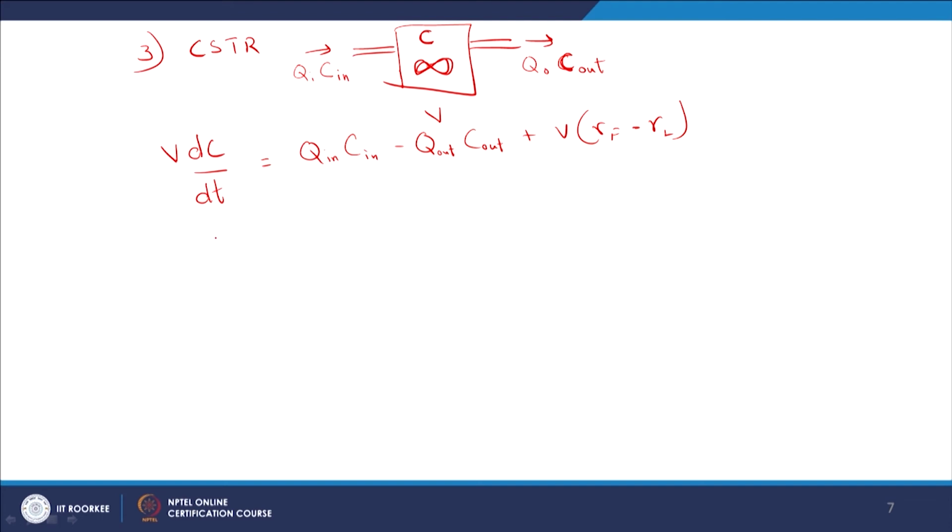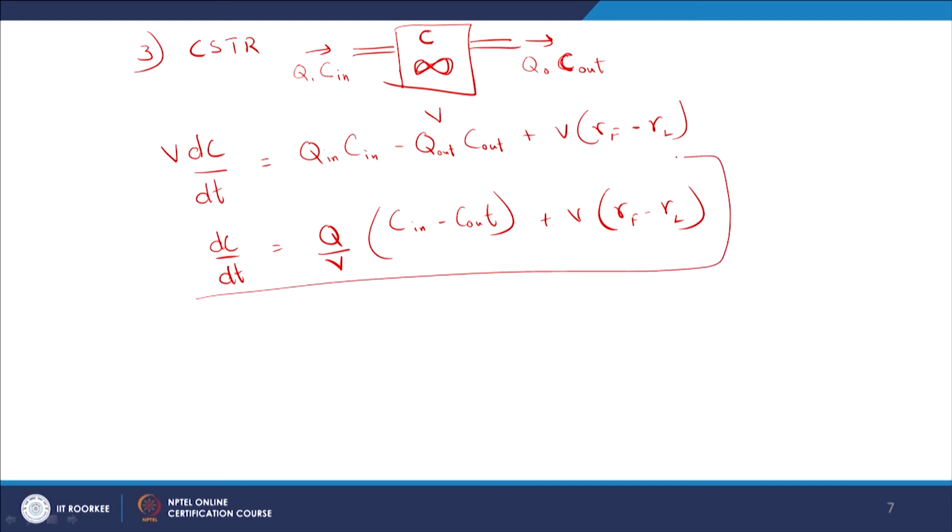I am assuming Q in is equal to Q out in this case; if not, you can look at that. So dC by dt will be equal to Q by V times C in minus C out, plus rate of formation minus rate of loss of your particular compound.